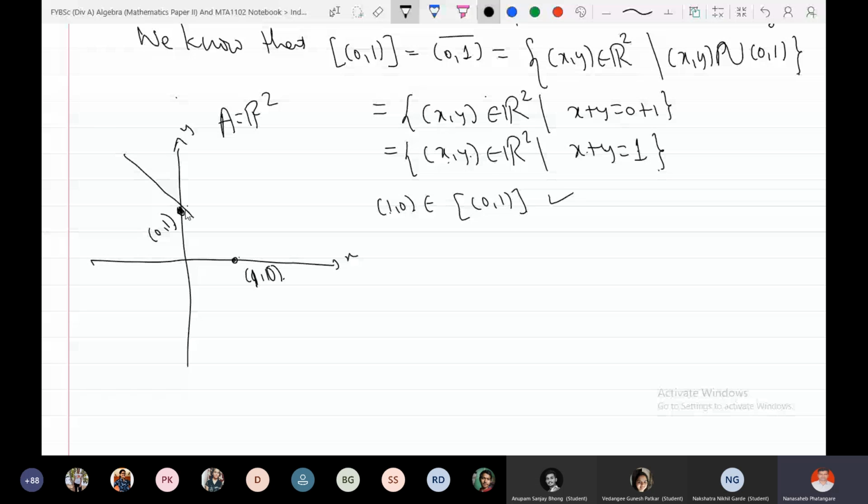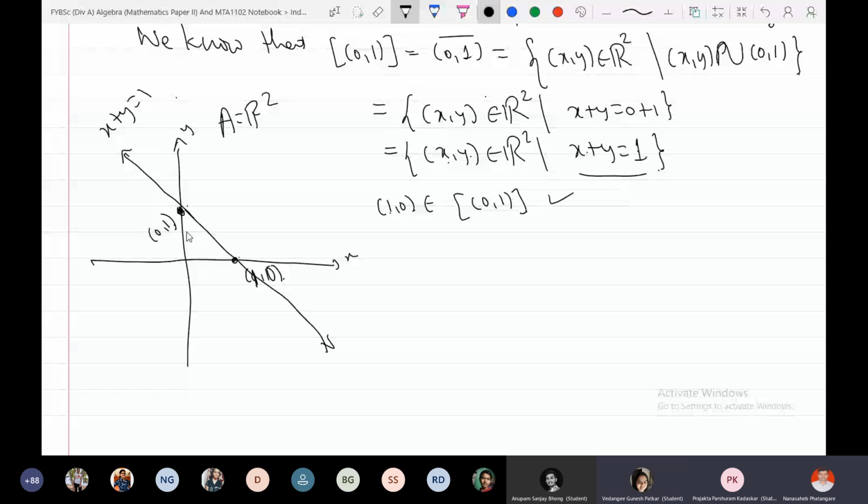This is the line x plus y is equal to 1. It is a linear equation. So this represents a straight line, because what are all the points in the plane which satisfy this condition? Which are the elements in the class of (0, 1)? All the points present on the line.